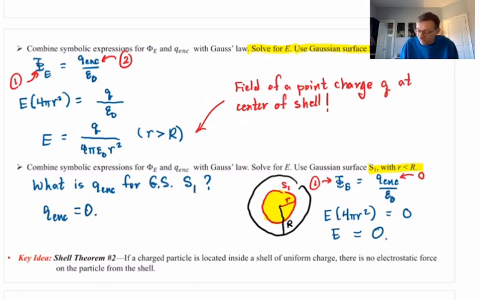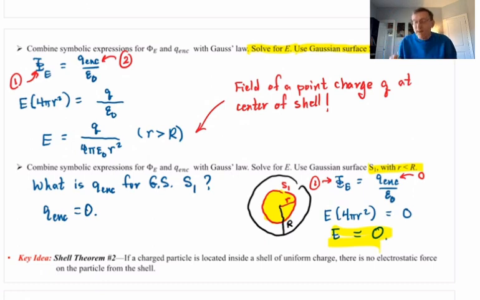That's the result. Okay? Now, I could have picked a Gaussian sphere S1 whose little r could have been anything between 0 and big R. And so by imagining a spherical surface S1 that has a radius ranging from 0 to big R, I can sample the entire interior space of the shell.